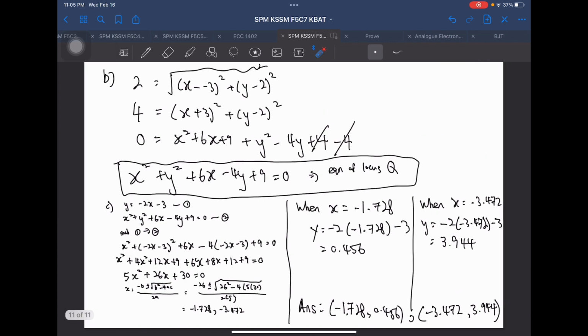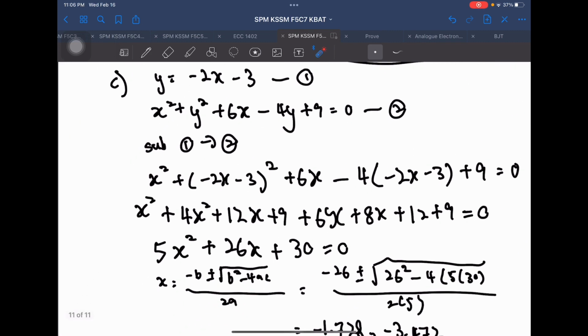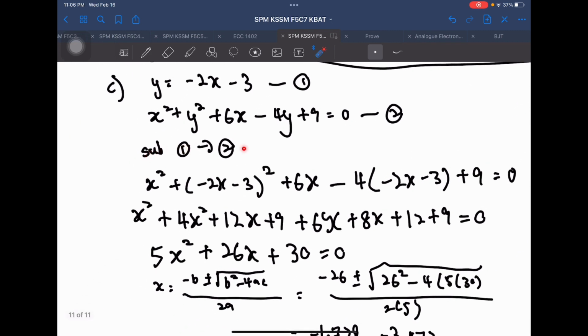So you got the first equation is the equation for locus P, the second equation for locus Q. So like what we did in the simultaneous equation, sub 1 into 2.